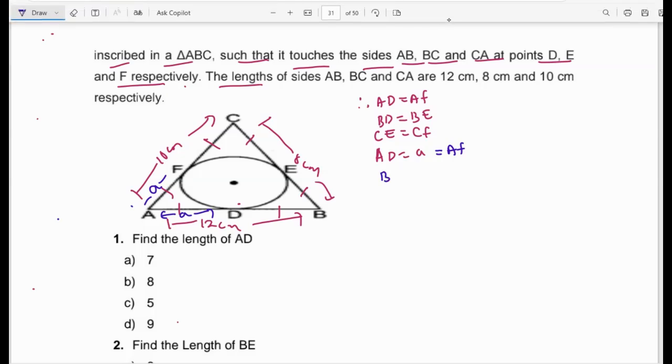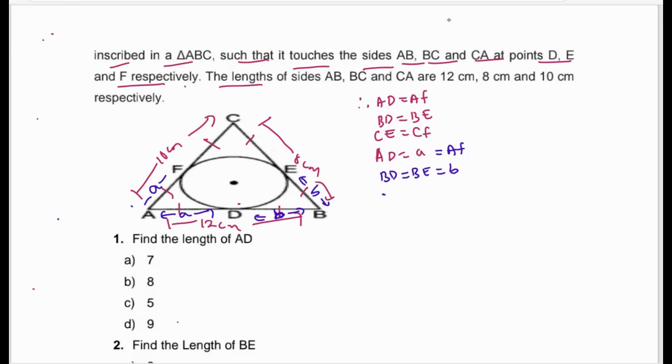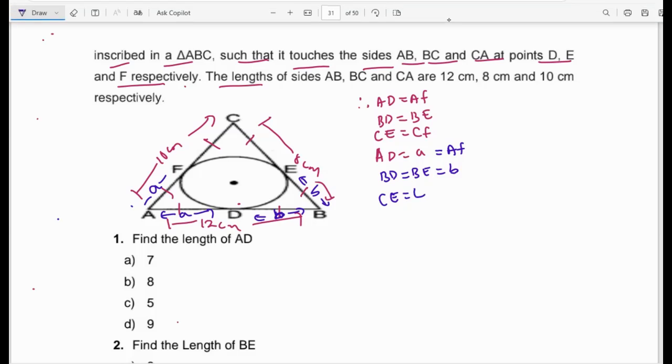Then BD is b, and BE is also b. Then we take CE equals CF, that is equal to c, small c.